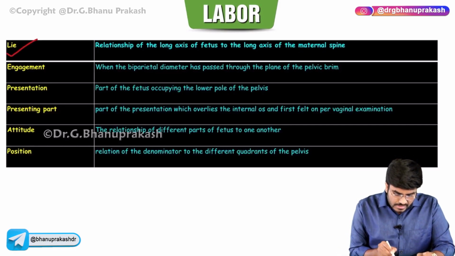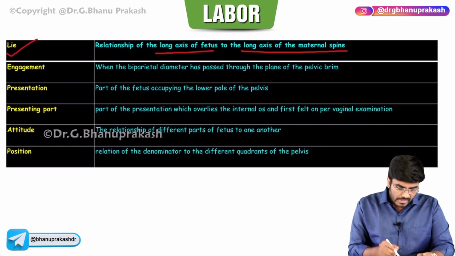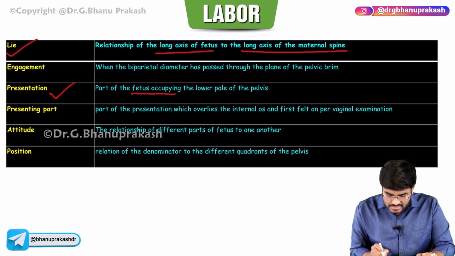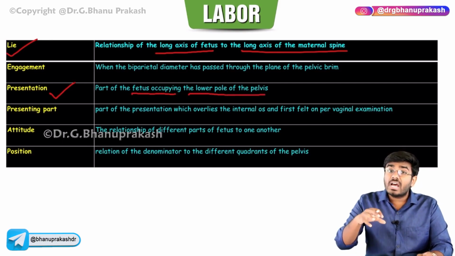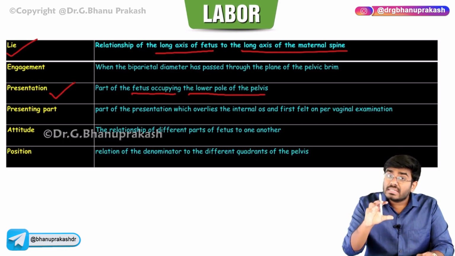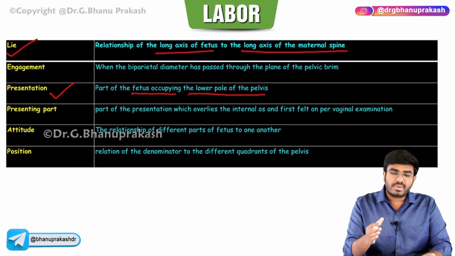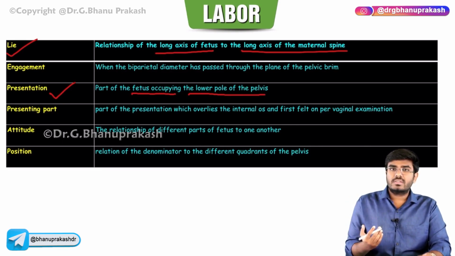Now let's see all these definitions one more time. Lie means the relationship of the long axis of the fetus to the long axis of the maternal spine. Presentation means the part of the fetus occupying the lower pole of the pelvis. The presentation can be cephalic presentation or breech presentation, something like that.